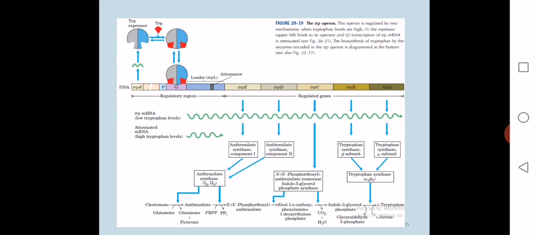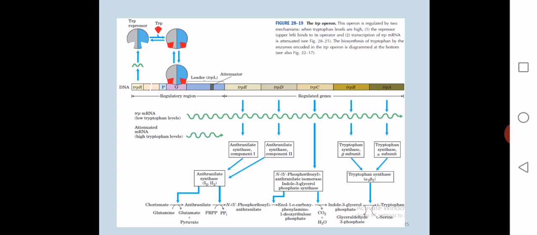Okay. And the most interesting part to be noted is the regulatory sites. You can see an operator site and promoter site as we have seen in the lac operon. Additionally, you can see an additional regulatory site called the leader site or trpL DNA. And within that trpL DNA, there is an attenuator site. Right.